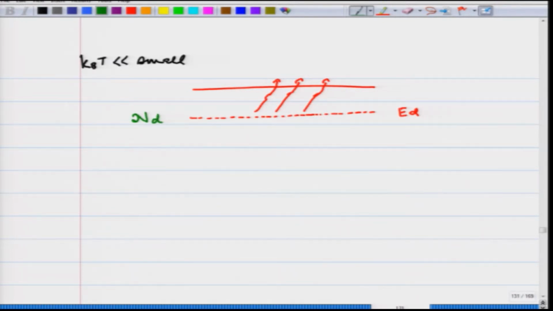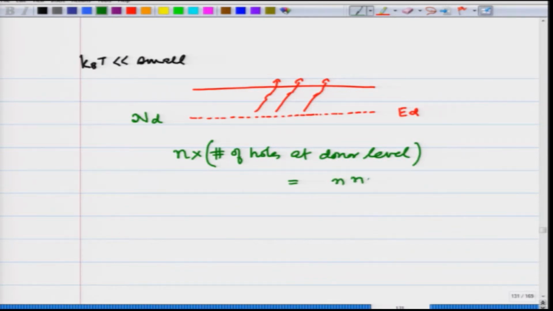Then what I am going to have is that the number of electrons in the conduction band times the number of holes at donor level is going to be equal to that NH, and I am going to repeat this calculation taking only these two levels.